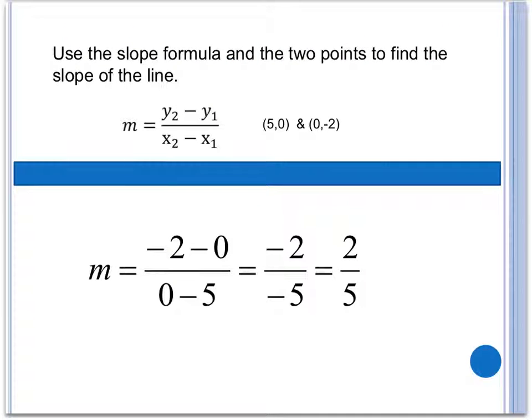Now that we have our 2 points, we can use the slope formula to find the slope of that line. In the numerator, we have to subtract the y-coordinates. So we take -2 and subtract 0. In the denominator, we take 0 and subtract 5 from it. So our slope of the equation is 2/5.